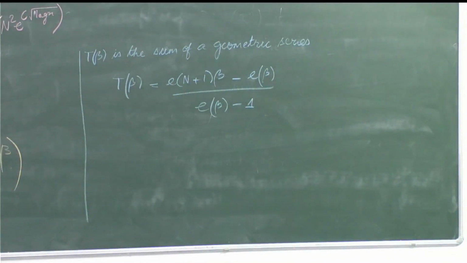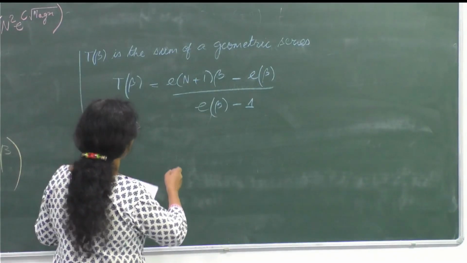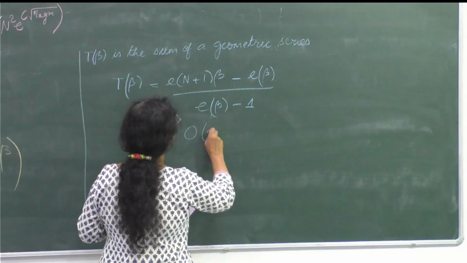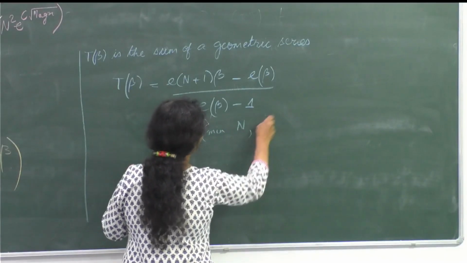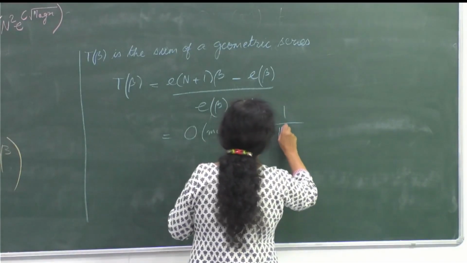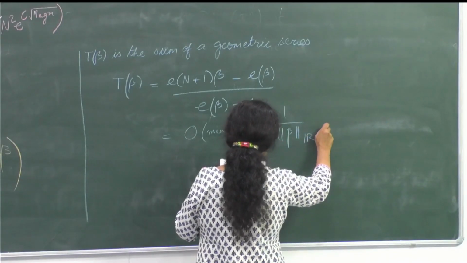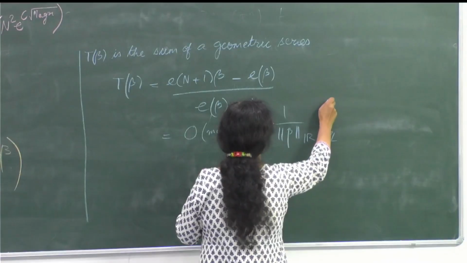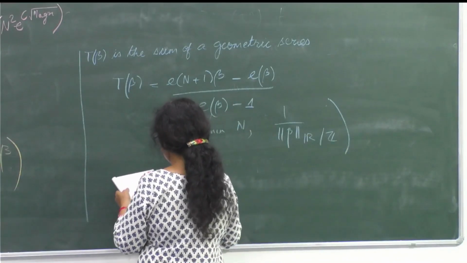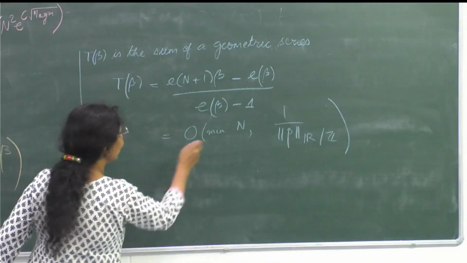And what is this equal to? I want to write some bound for it. So this is big O of the minimum of n and 1 by the distance of beta in R/Z. So what is this?